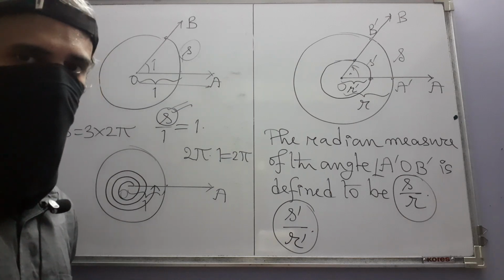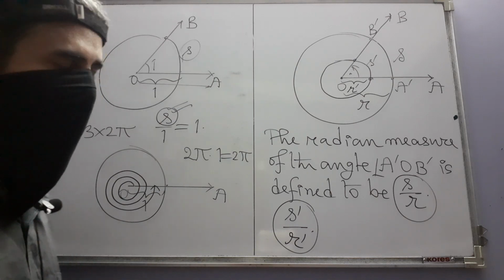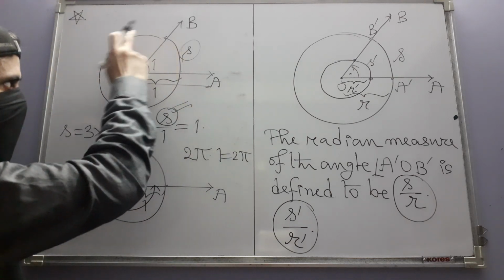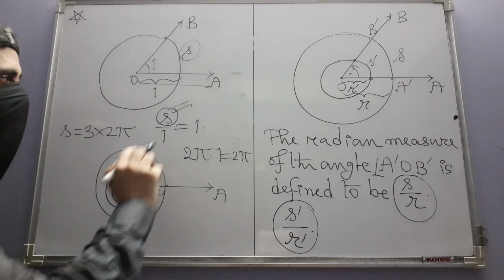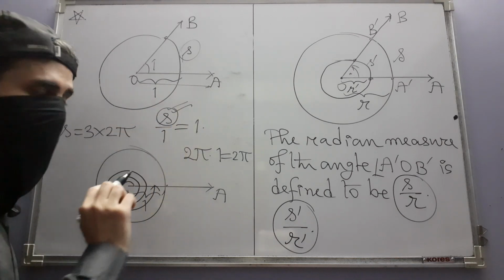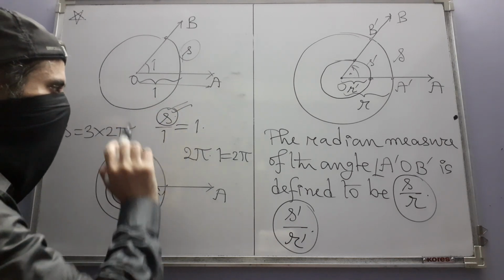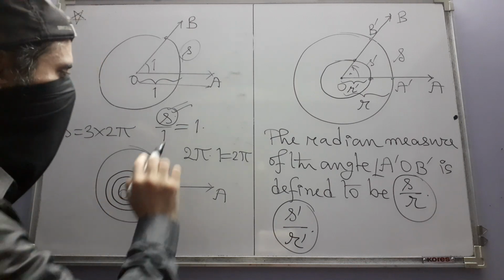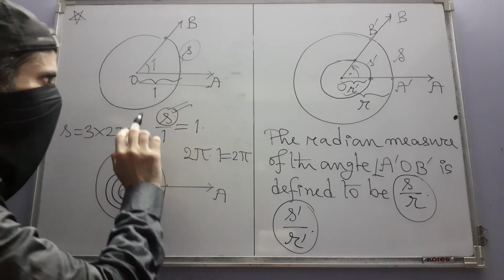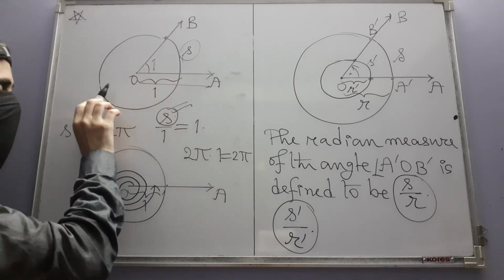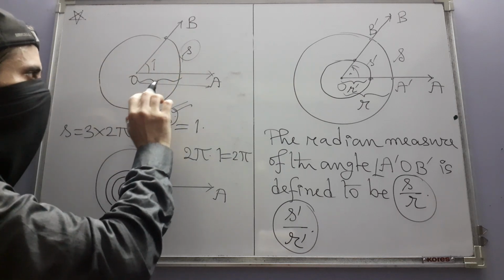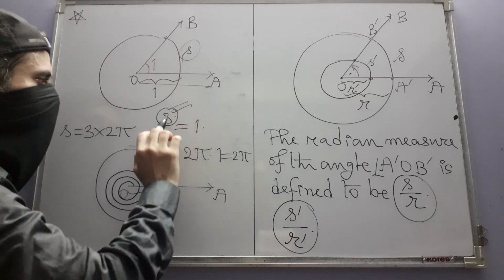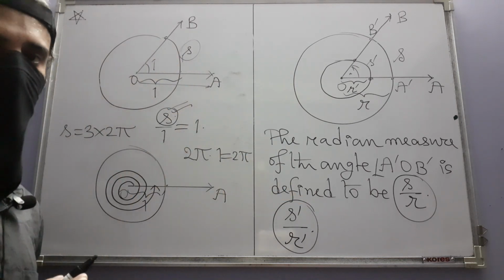In a sense that is true if you are simply thinking of geometry. But if you think of this physical process of rotation, then it becomes more clear. This S is not exactly arc length, but the distance traveled along the circle by the point of intersection of the terminal ray and the circle as the rotation happens.